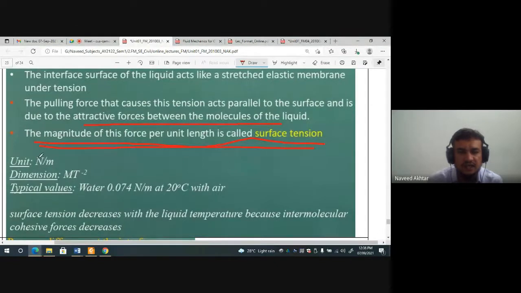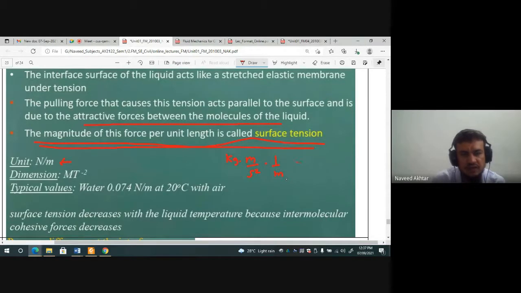And that's why the unit of surface tension is nothing but Newton per meter. Newton, if you convert, is kg into meter per second square, into per meter: kg meter per second square divided by meter.